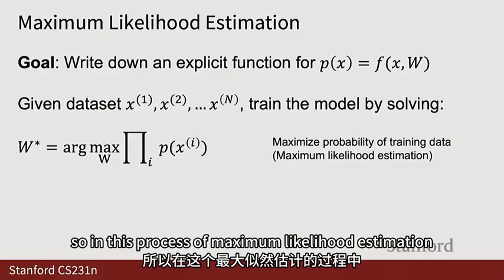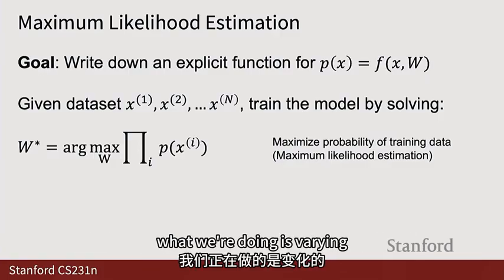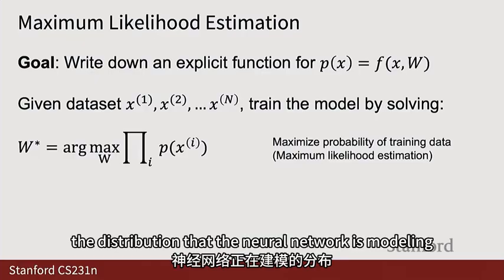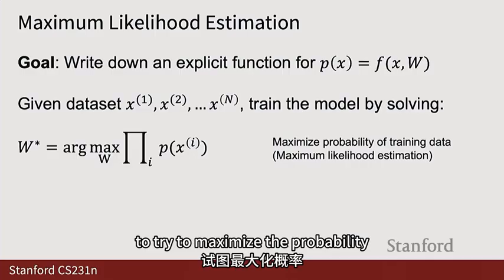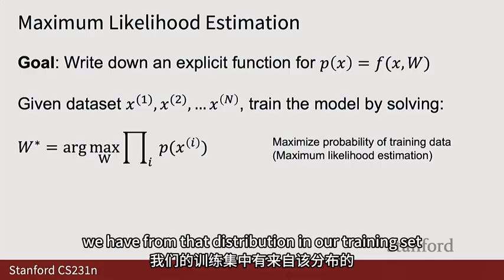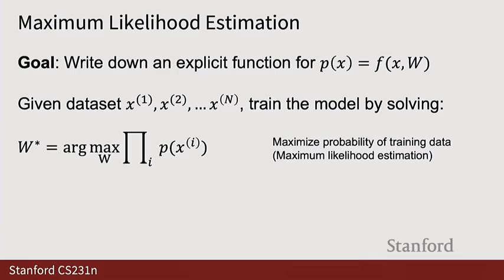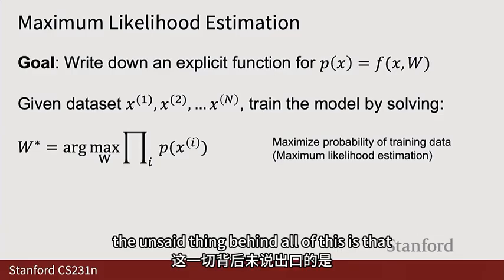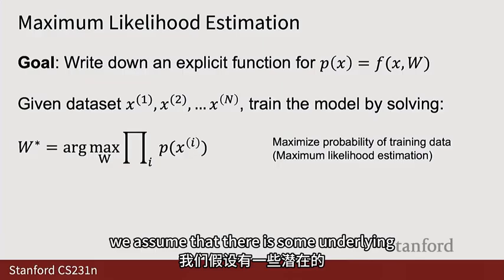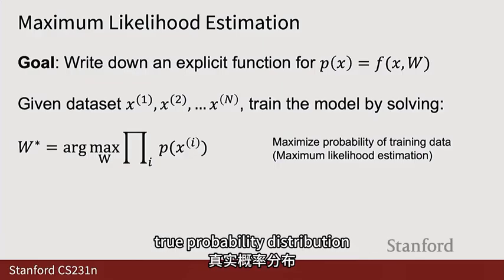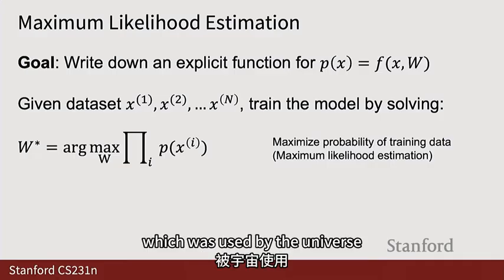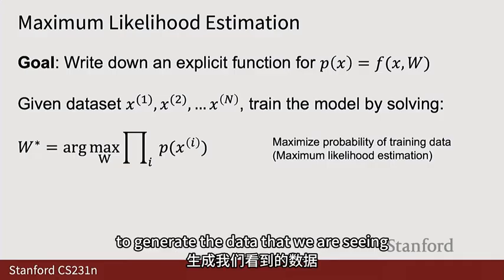So in this process of maximum likelihood estimation, we're varying the distribution that the neural network is modeling to try to maximize the probability of the fixed set of samples we have from that distribution in our training set. The unsaid thing behind all of this is that we assume there is some underlying true probability distribution, P data, which was used by the universe to generate the data that we are seeing.